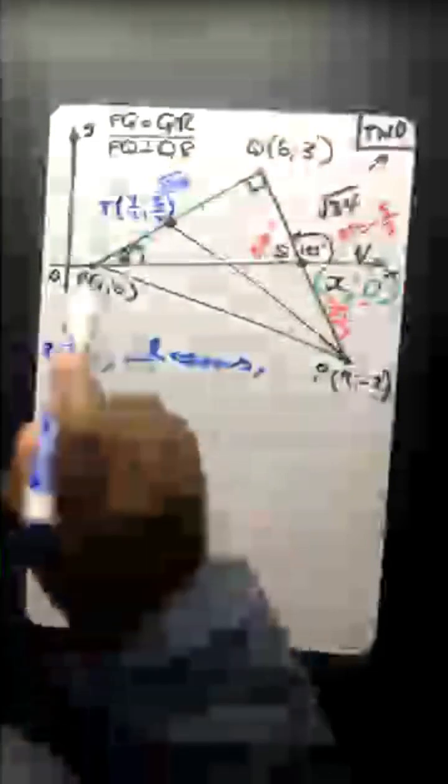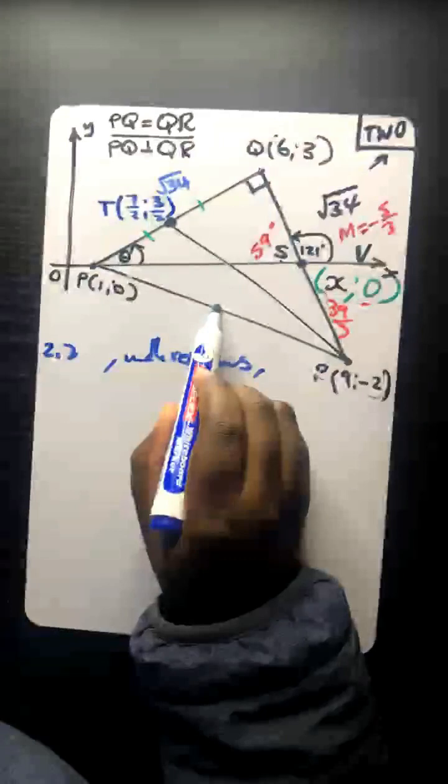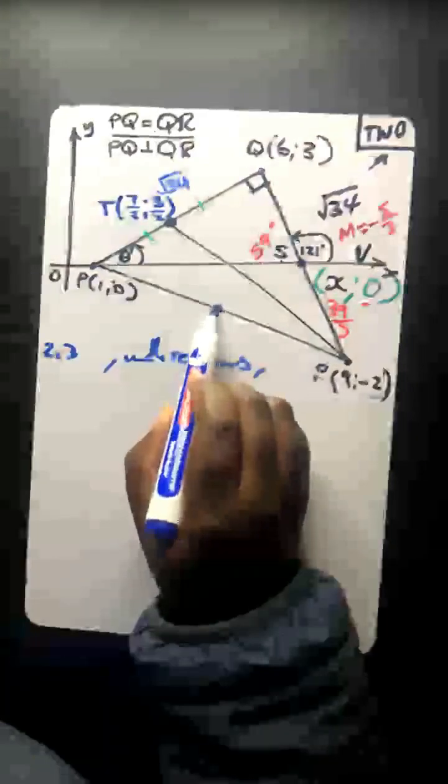The gradient of the line through T and the midpoint of PR. Firstly, where is PR? There is P, there is R. But now they're talking about something in the middle of that PR and passing through T.